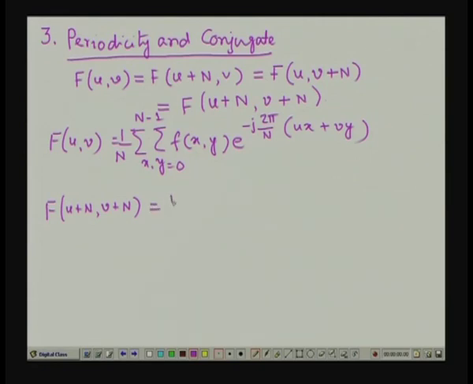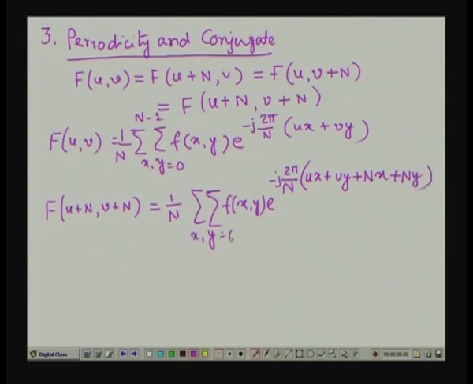Following the same expression, this will be 1 upon capital N, double summation f(x,y) e to the power minus j 2 pi upon capital N, and now we will have ux + vy plus Nx plus Ny, because u is replaced by u plus capital N, where both x and y vary from 0 to capital N minus 1.